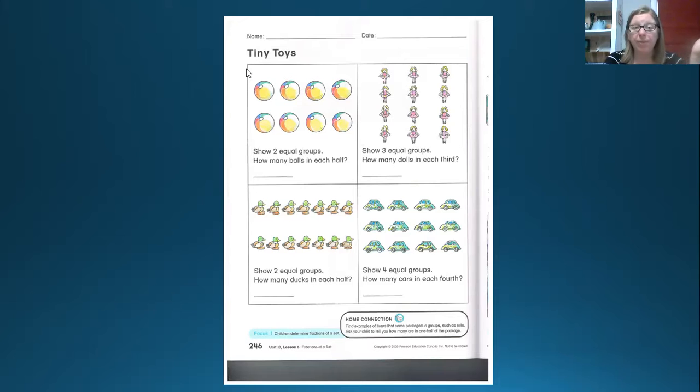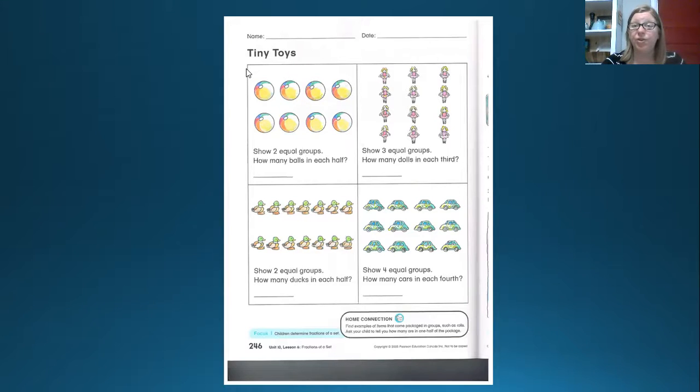If you can remember that half means two equal parts, and third and fourth match with their number, so third matches with 3 groups, and fourth matches with 4 groups, then you will do quite fine on this page.